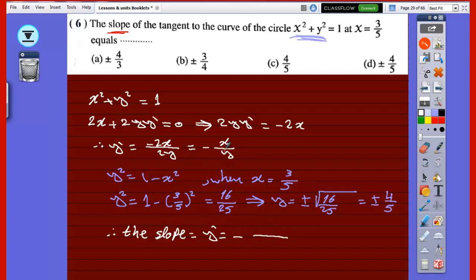In the numerator we have x equals 3/5, we substitute 3/5, and in the denominator we have y equals ±4/5. So the result also will be ±3/4, and the solution will be letter B.